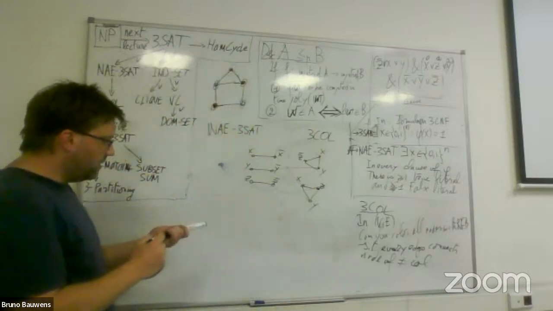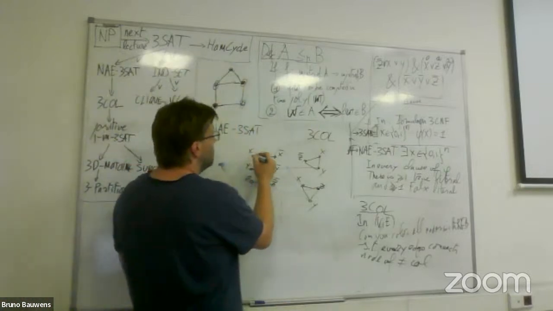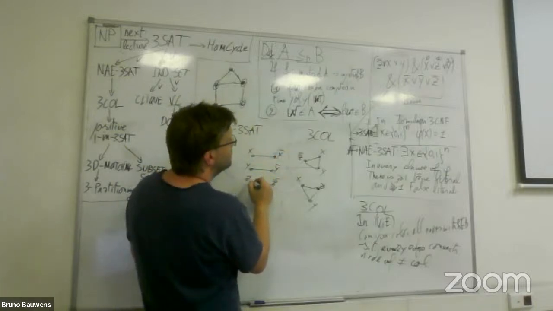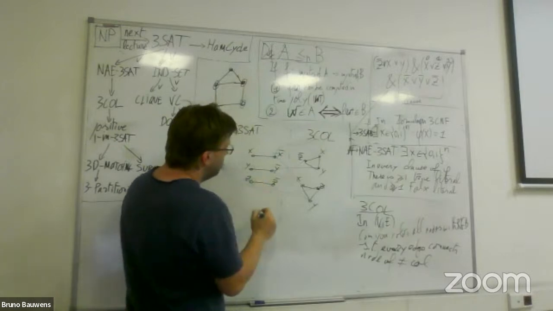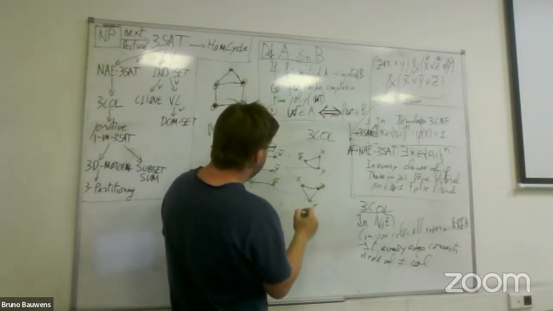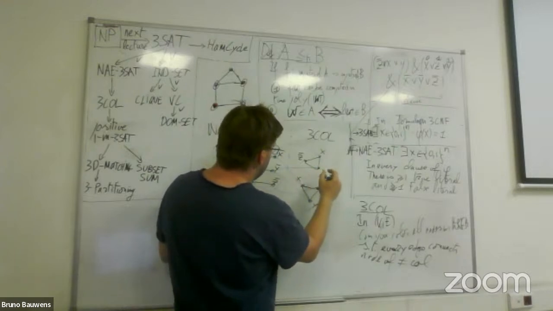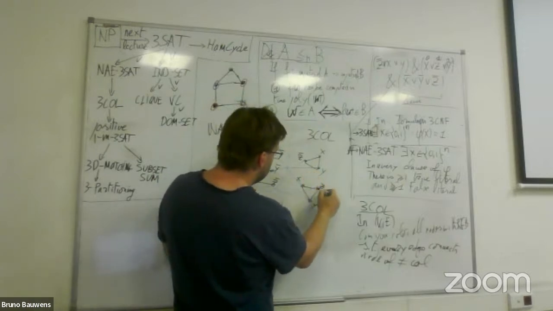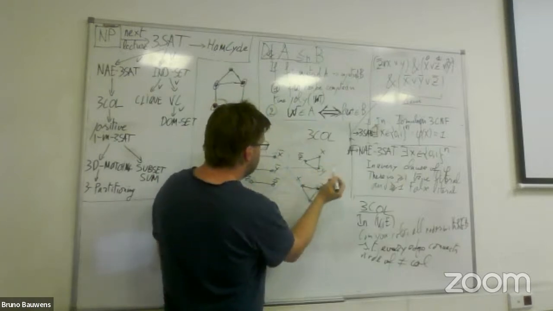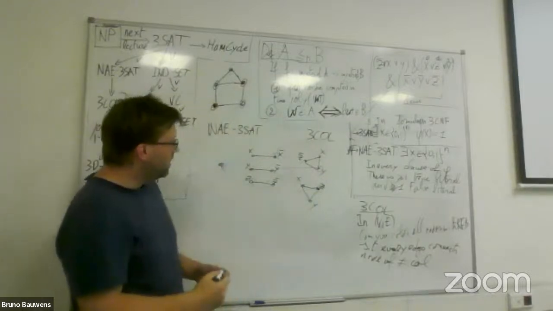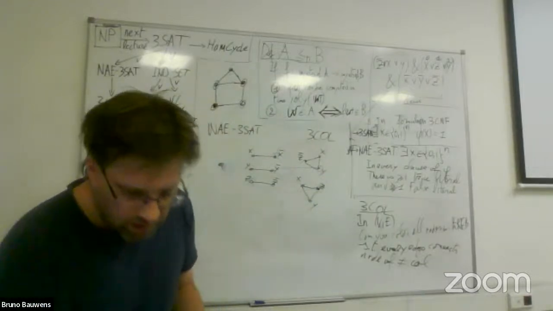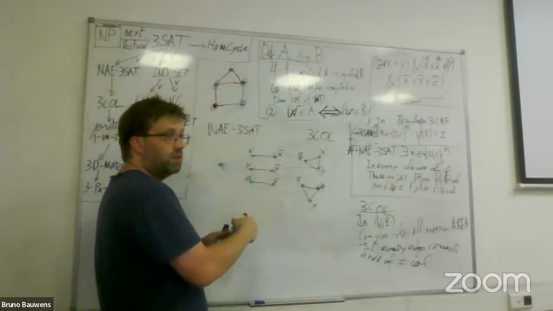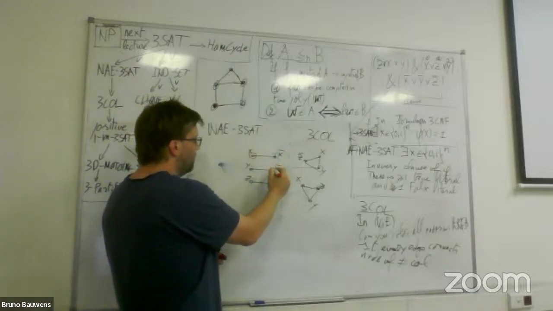Okay, so all three true literals we will make green: not x, y, and z. This one, y, is green, and all the others are red. So in the variable gadget, we set the true literals to green and the other ones to red.